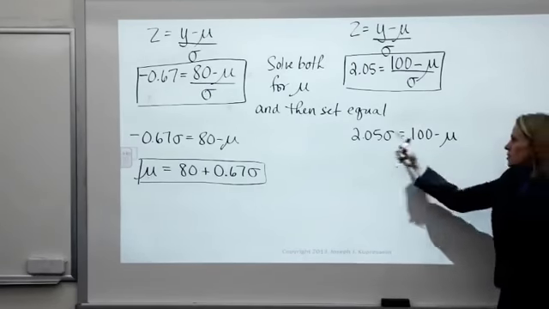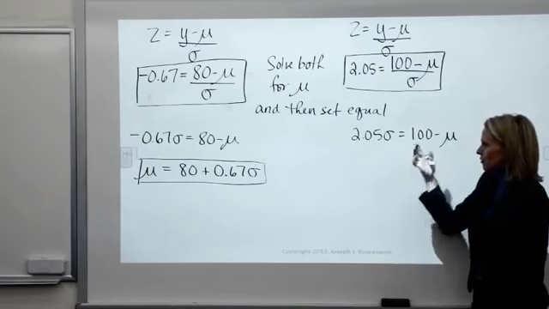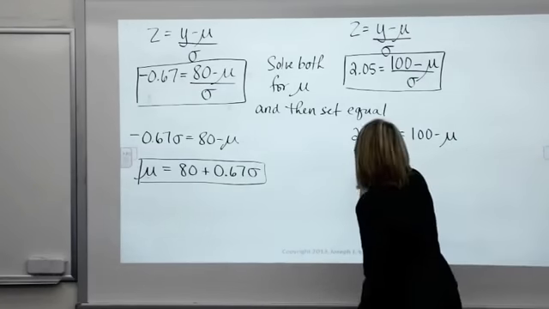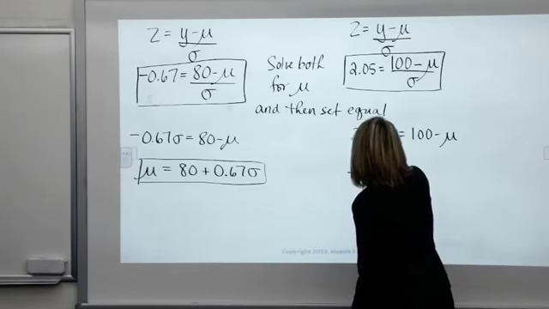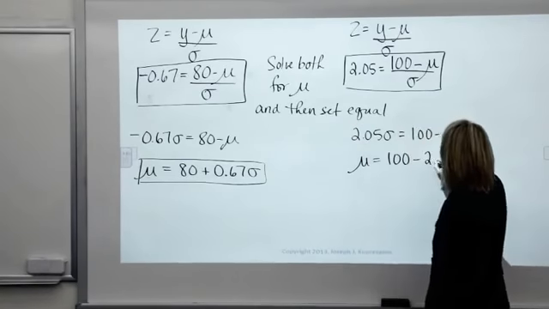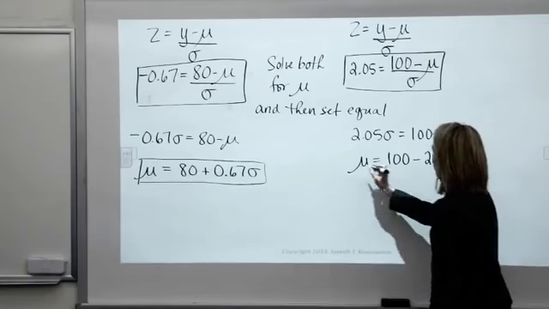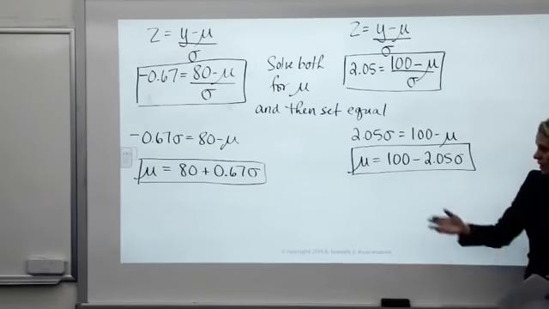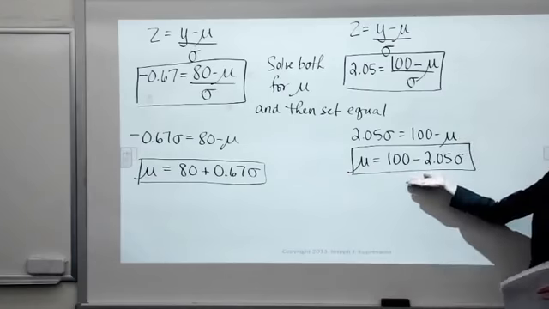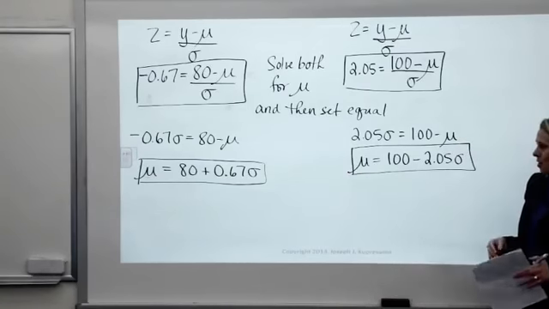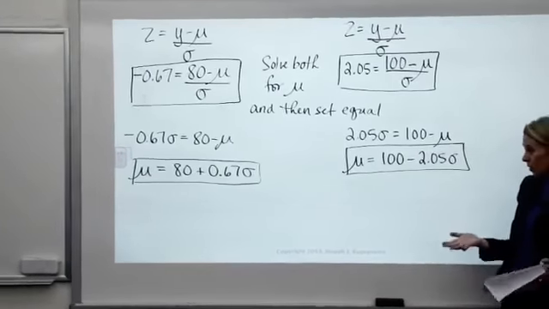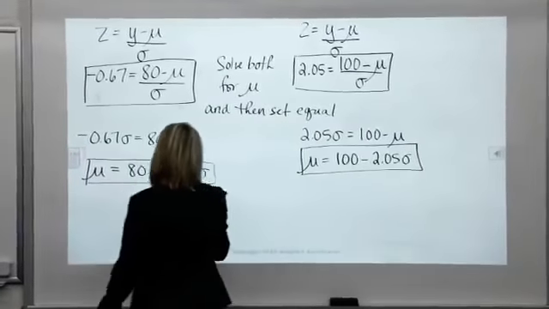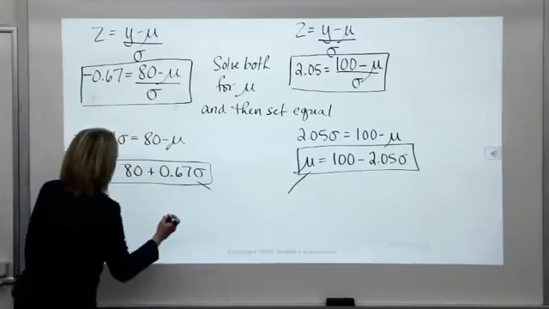And then I'm going to add mu to both sides. I'll subtract this quantity from both sides. Again, there's even multiple ways you can do this, but this is what I'm doing. And now we know mu equals this quantity, mu equals this quantity. We'll set those two quantities equal to one another, and we'll be able to then solve for sigma. So let's set these equal to one another.